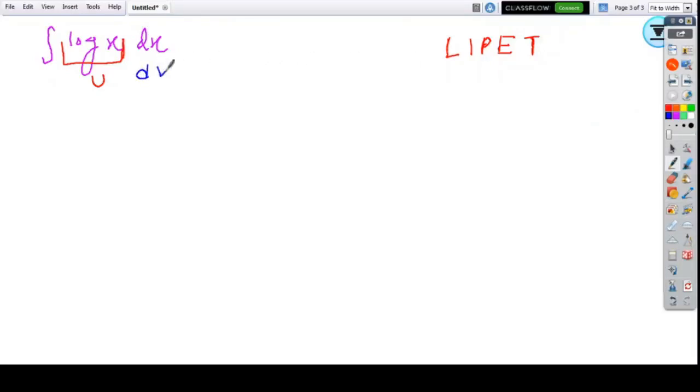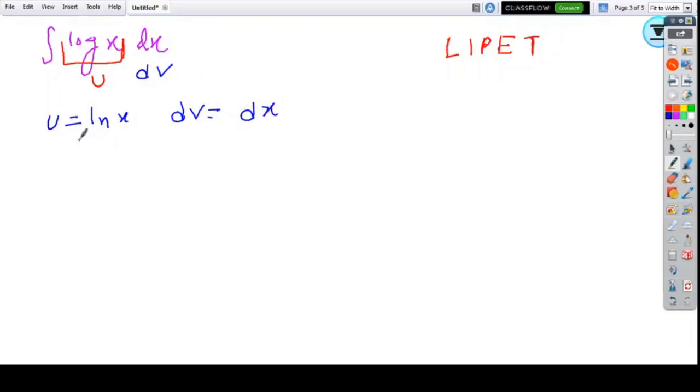So this is dv. The LIPET rule says that the log is u, so the dx will be dv. So I can start from there. u is equal to ln x and dv is equal to only dx.